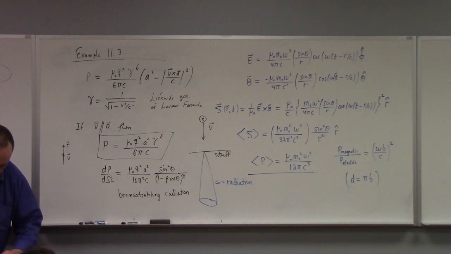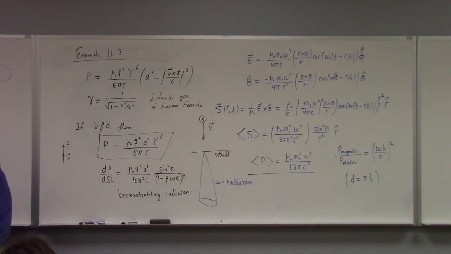There's a discussion in here about why that is. I said at the start that if it accelerates, it radiates, usually, which of course begs the question: when can you have an accelerating distribution of charge and yet not have radiation?